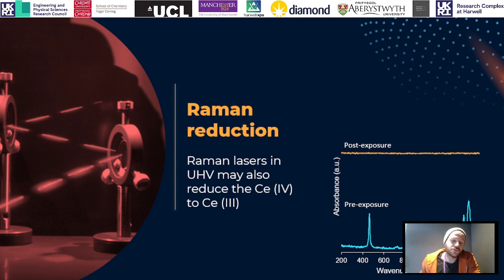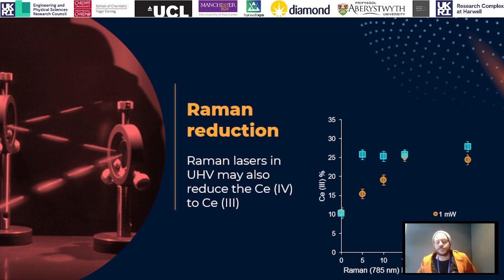And we can see the initial scan on the bottom in blue, where we've taken a Raman spectrum of this ceria, and we've got the characteristic peaks. After 15 minutes, this cerium 4 plus signal from the Raman laser is completely destroyed, because we've just reduced all of that cerium 4 plus down to 3 plus.